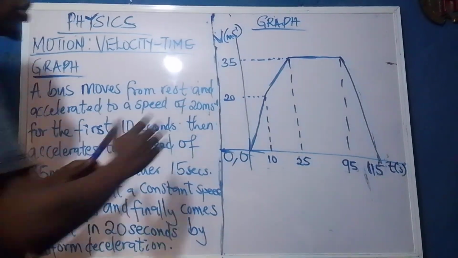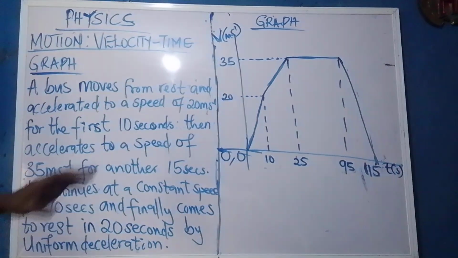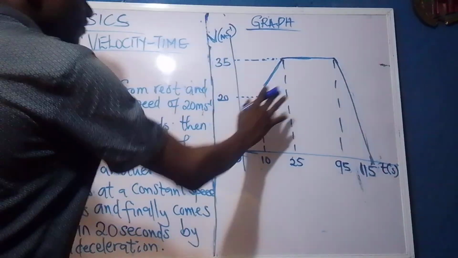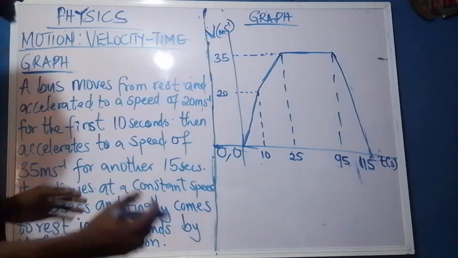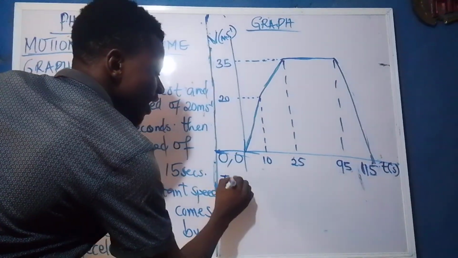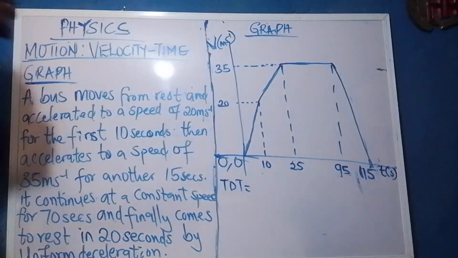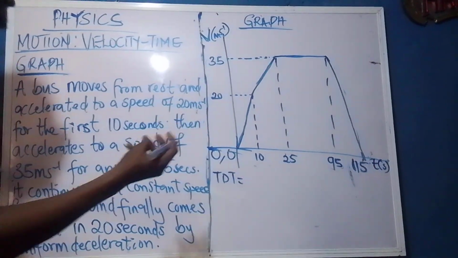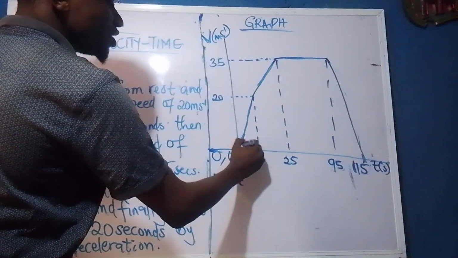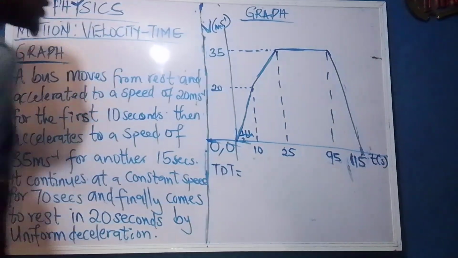So now it is obvious this is how the graph is meant to look. This whole statement here, this is the graph. If they now ask you further questions on it, like maybe find the total distance traveled, to find the total distance traveled, like I said, is the area under the graph. This is a triangle. You use the formula of a triangle, which is half base times height.